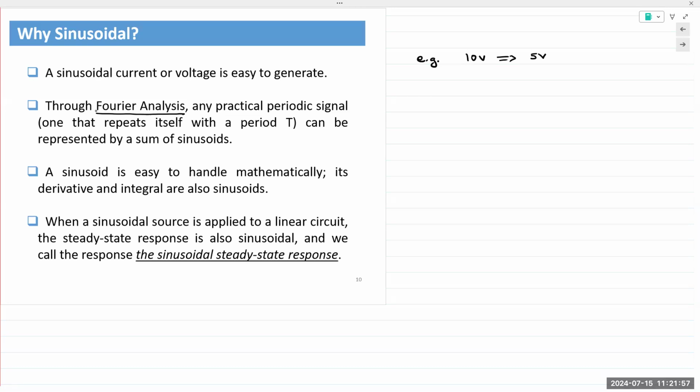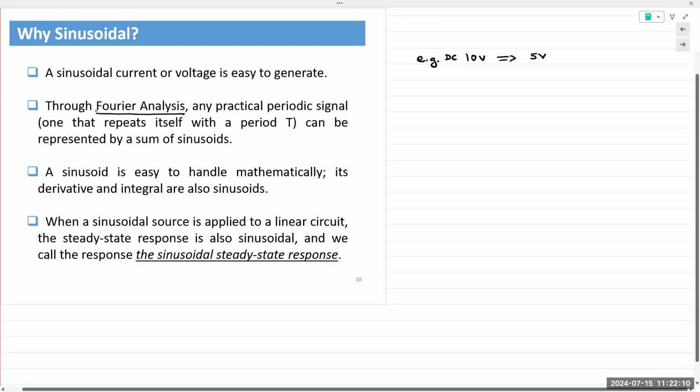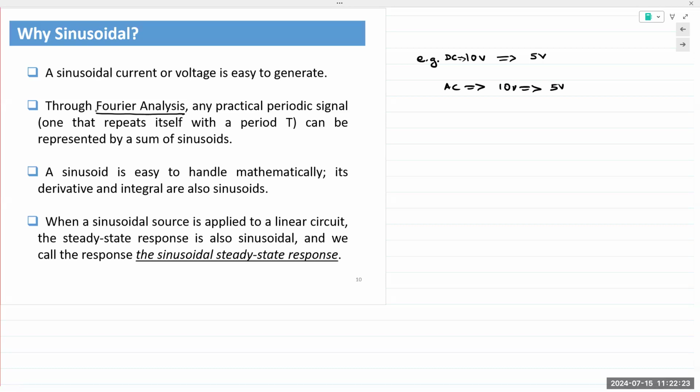The value of that voltage has changed depending on the value of the resistors, the capacitors, or the inductors in the circuit. This is for DC. For AC, if you apply 10 volts, you might get 5 volts at a certain point in the circuit, depending on the component and the circuit configuration.